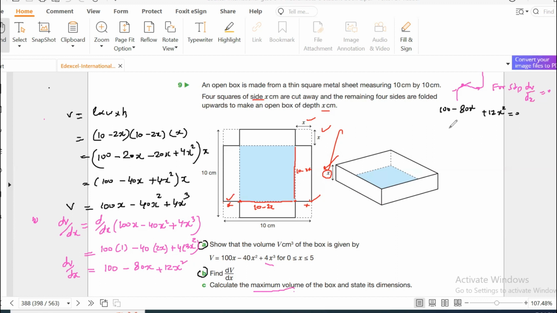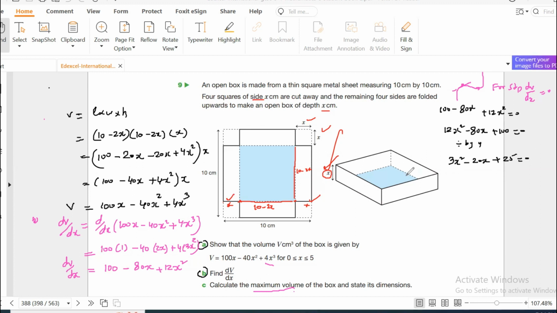We can rearrange: 12x squared minus 80x plus 100 is equal to 0. All are divisible by 4. If you think carefully, all are divisible by 4. So we have 3x squared minus 80 divided by 4, 20x, plus 100 divided by 4 gives us 25.